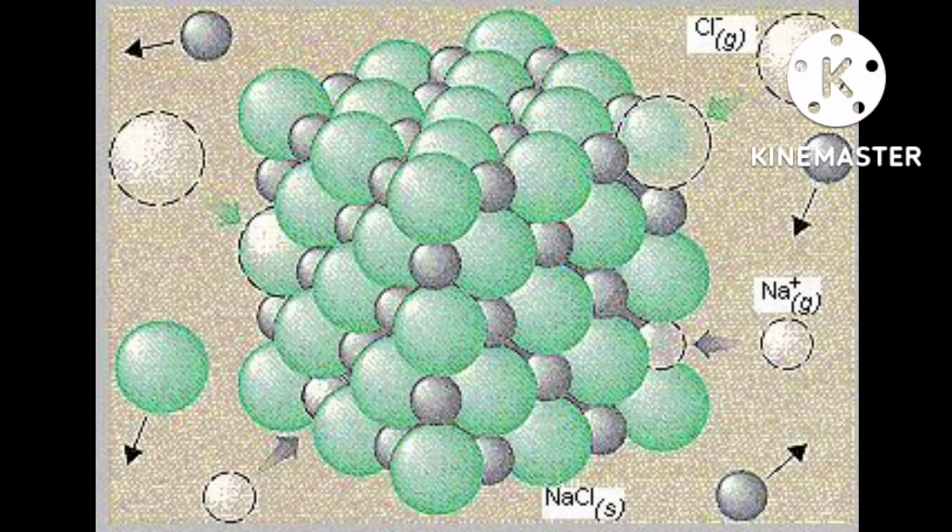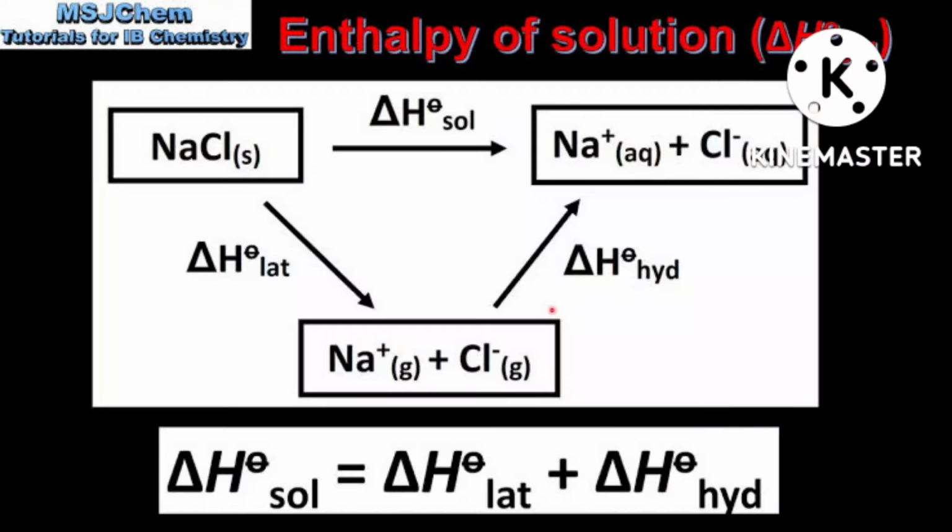Then you write A plus (aq), with aq in brackets near the A, and B minus (aq), aq meaning aqueous, near the B. AB solid, if you dissolve in water, will dissociate in water in the form of ions.